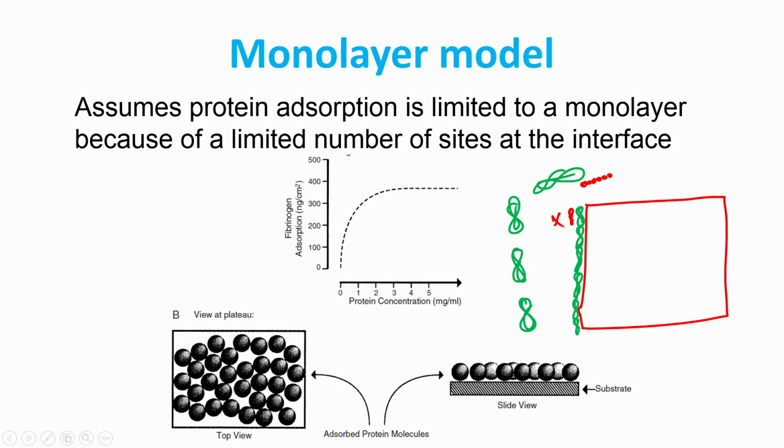So, this is no, and the only thing that can happen is this comes in, removes one of the protein units, and then goes and starts to interact with that empty space that is being created. So, that is a simple monolayer model.